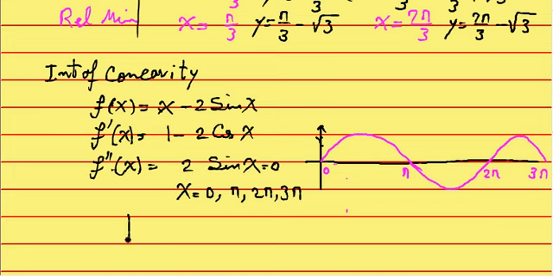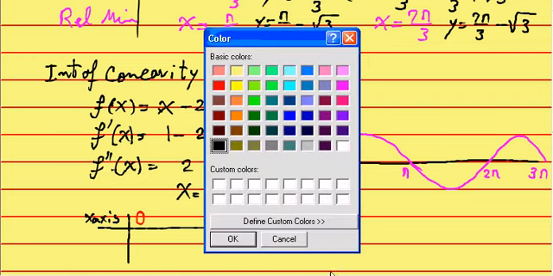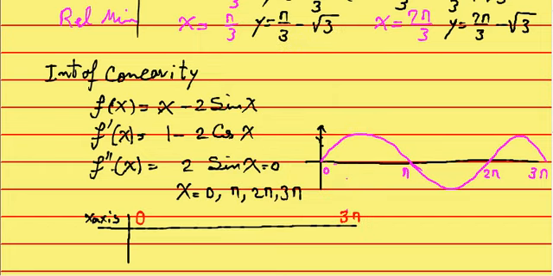We go ahead, make an x-axis. Again, we are limiting ourselves to 0 to 3 pi. Our points which are roots of or critical points for f double prime are at pi and 2 pi. Here is a second derivative.